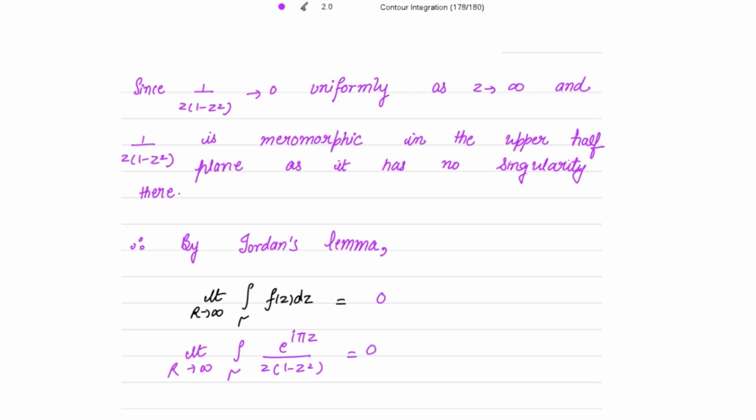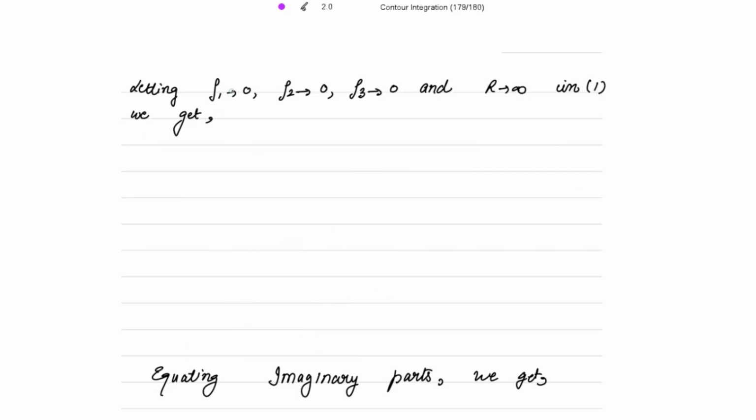Now, finally, letting all the small curve radii go to 0 and the capital R tend to infinity. So letting rho 1 tend to 0, rho 2 to 0, rho 3 to 0 and R to infinity in the main equation 1, what do we get?